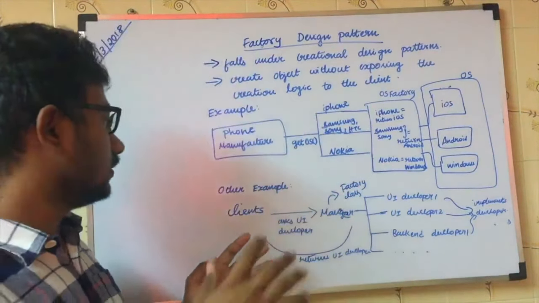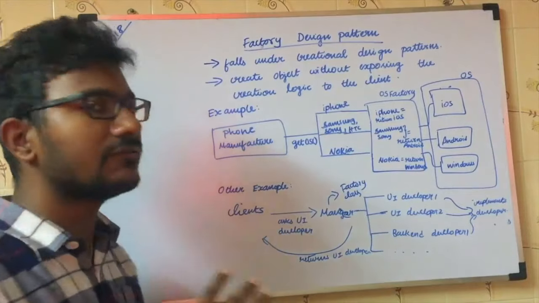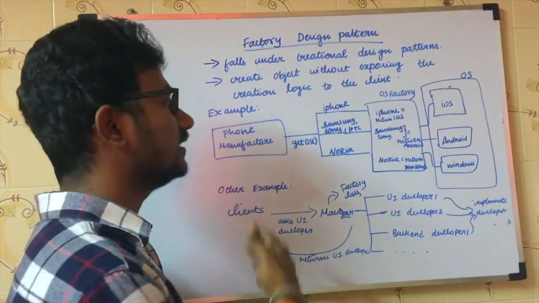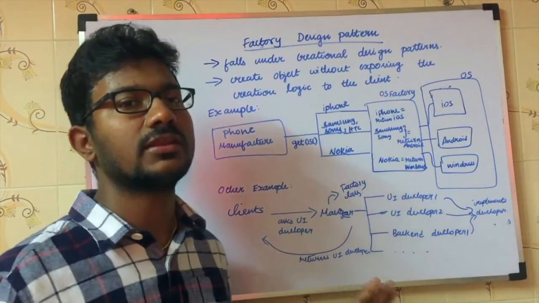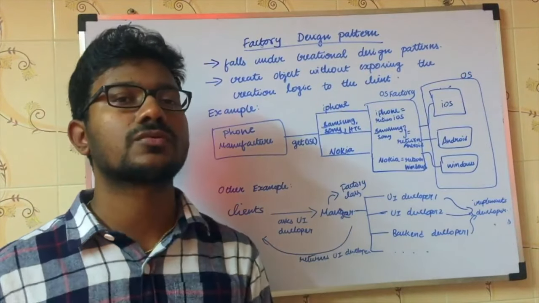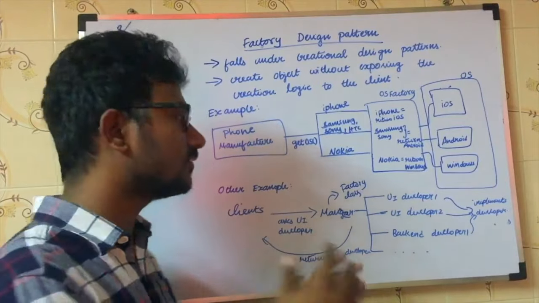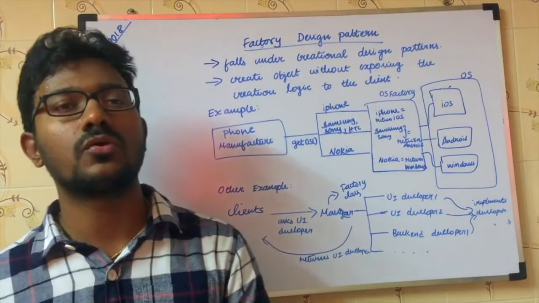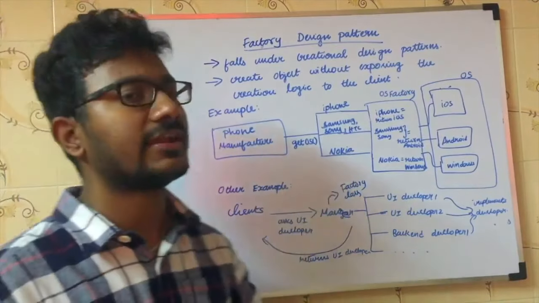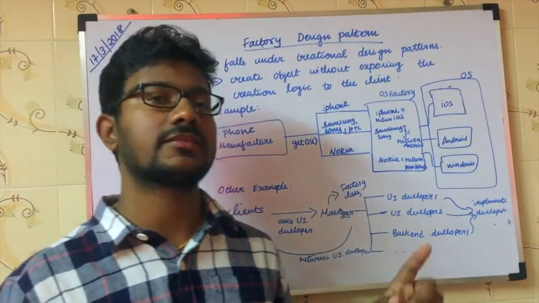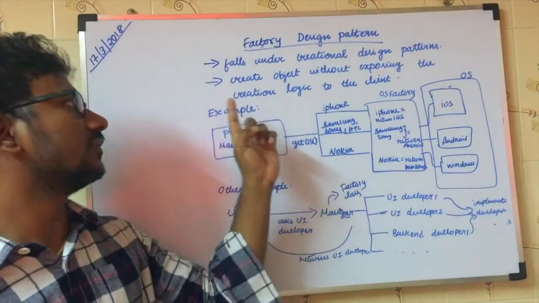According to these examples, the client doesn't have any knowledge regarding the UI developers. He needs just a UI developer based on some criteria. The manager handles those criteria and returns the best object for them. So here the manager acts as a factory class. This is another example explaining the factory design pattern.